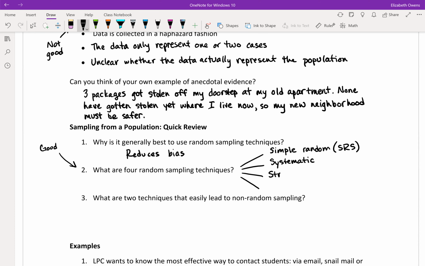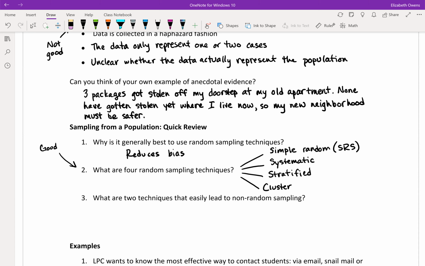We also had stratified sampling, stratified, and cluster samples. And those were starting out in kind of the same way. With a stratified sample, you break your population down into groups called strata, and then you pick some individuals from every stratum. So a proportionate number of individuals you would select from each of those groups.